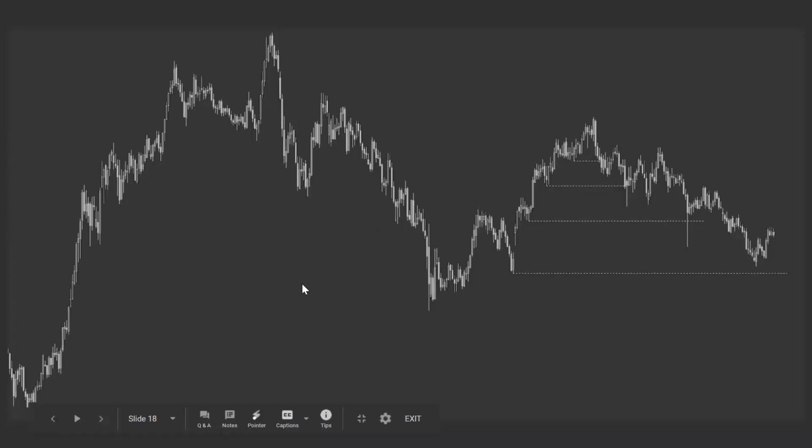For example, this is a Euro JPY chart taken a while ago on the weekly, and you can see what I've done is just mark out the lows here on the left, so you can see that when price is trending down, as it is on the right here, we expect these pockets of liquidity which get left behind as price moved up here to get broken.